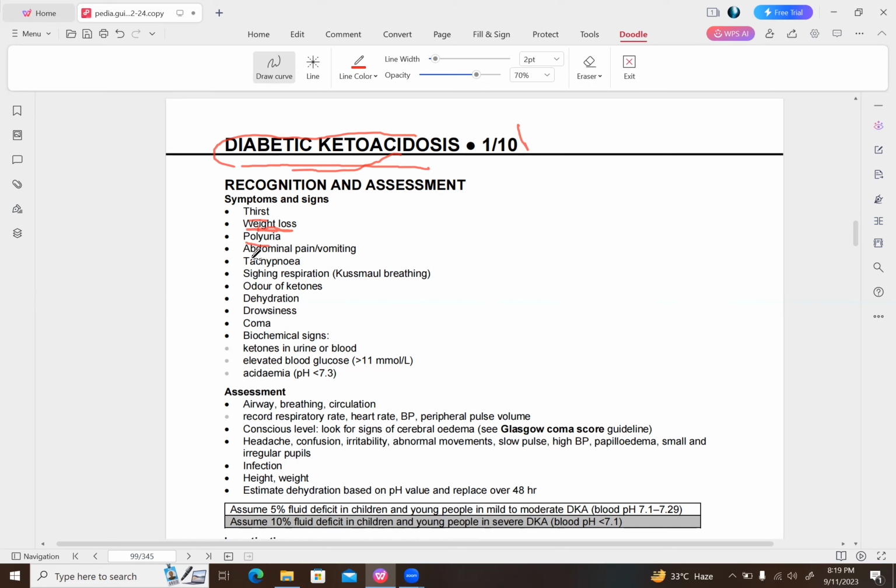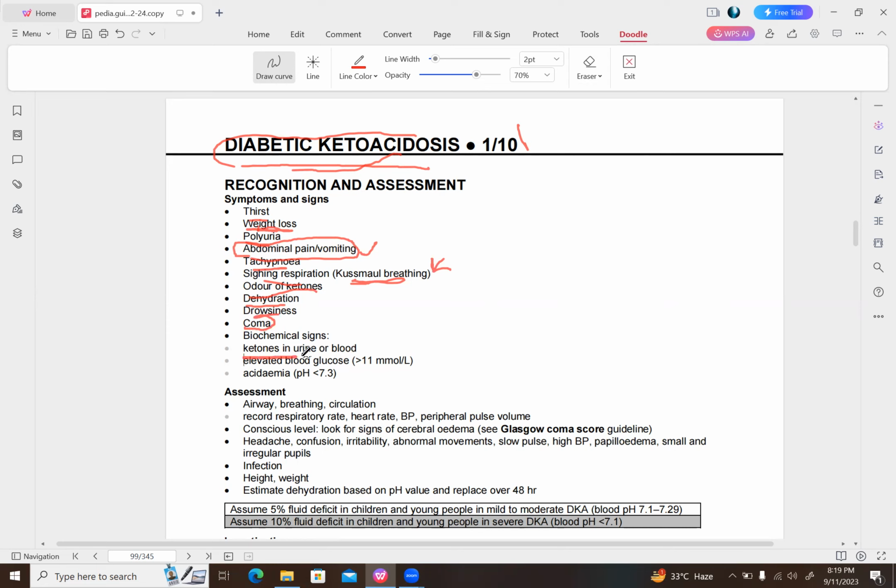Yes, the child can present with abdominal pain and vomiting, which is a very typical symptom of diabetic ketoacidosis. The child is tachypneic with sighing breathing, which is a sign of metabolic acidosis. There is a smell of ketones on the breath. The patient is dehydrated, goes drowsy and even into coma.